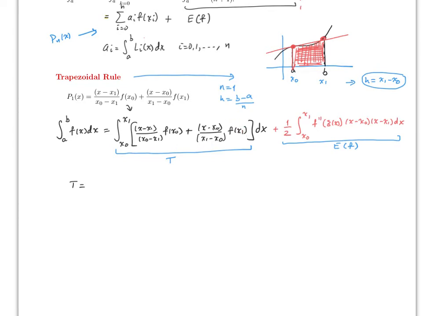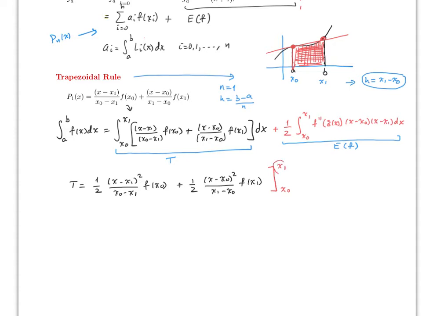So if we integrate, we'll end up with 1/2, and this will be (x minus x1) squared divided by x0 minus x1 times f of x0. Because remember, these are constant with respect to x. And then plus 1/2, and then (x minus x0) squared over x1 minus x0 times f of x1. So that's the integral, and the limits of integration are from x0 to x1.